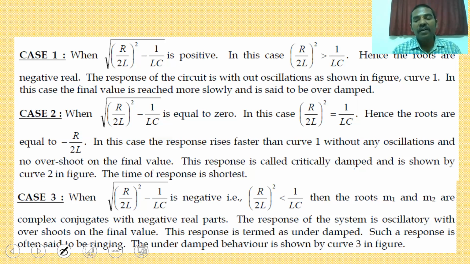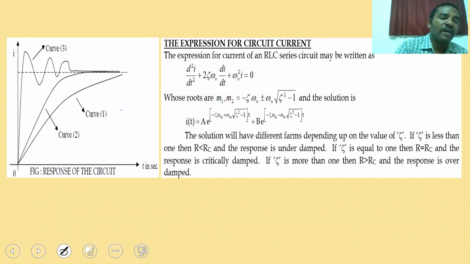Now for the different cases of responses, the first case is the overdamped condition. It is a sluggish system. Sluggish means you get the steady state value after a long time.